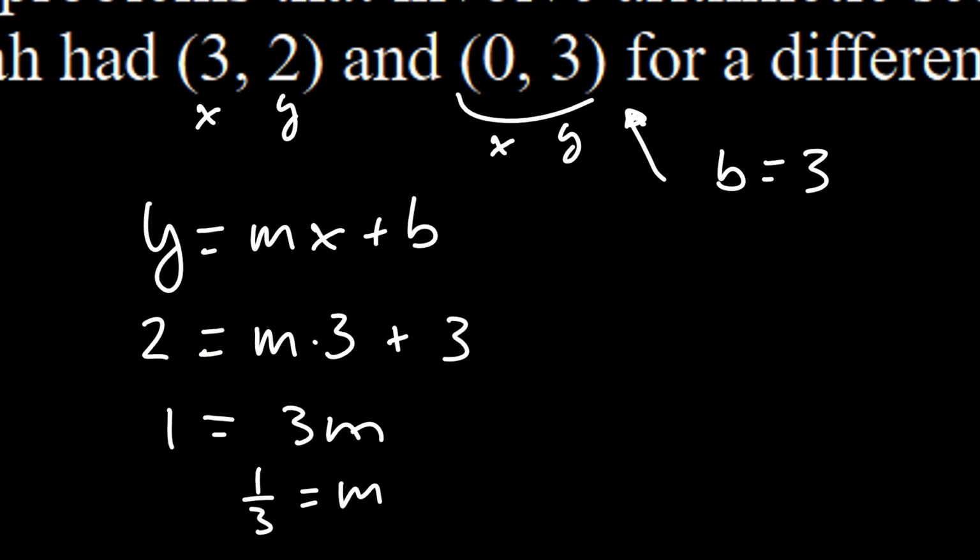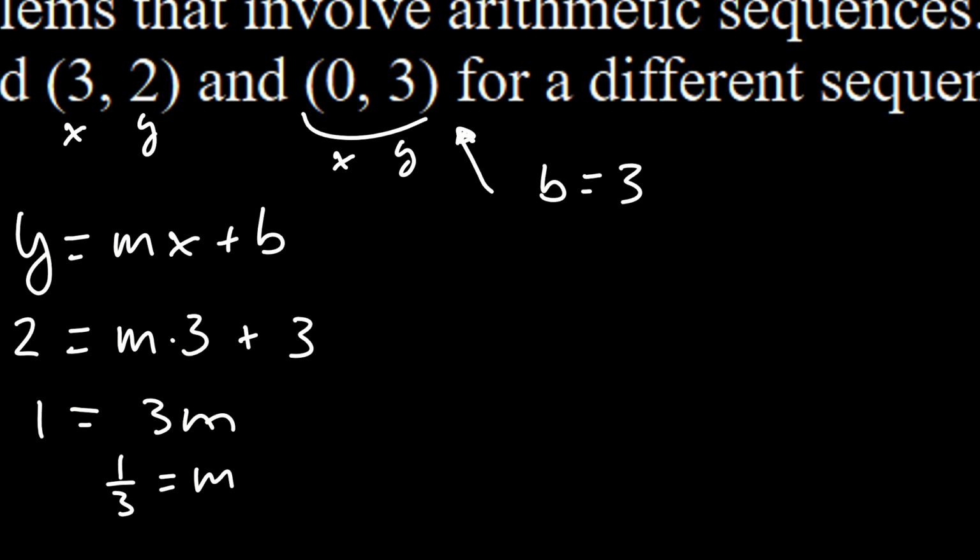So this is looking different. So that means that this sequence is t of n is equal to, let's see, my slope was 1/3, so 1/3 times n, right, because m, the slope, is 1/3, and then plus the number 3.